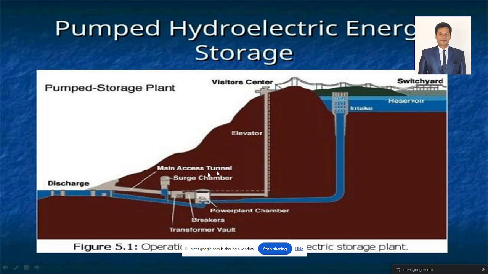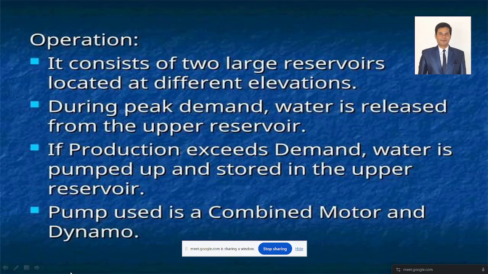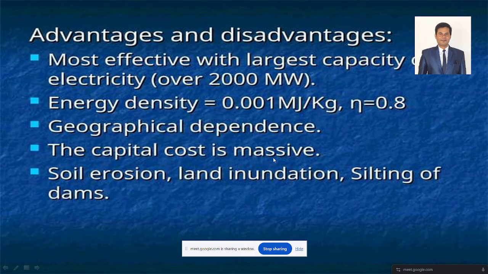You have to purchase the land, or the government has to purchase the lands, so it is very costly. You have to bring all kinds of components to produce electricity and also make the storage systems. That's why the cost is very massive, right? And we have to take care of soil erosion and other things, like siltation of dams.